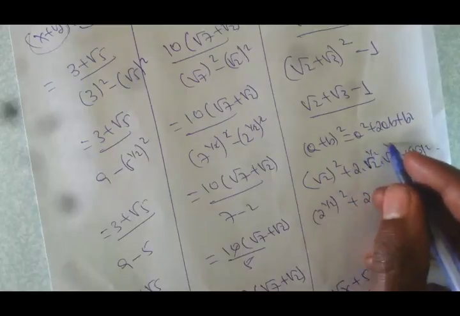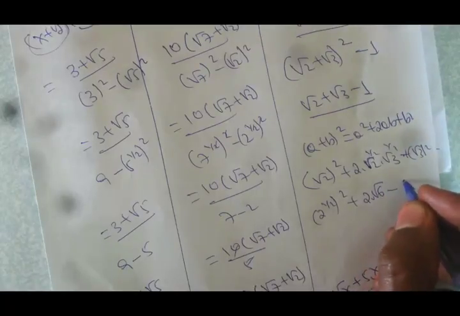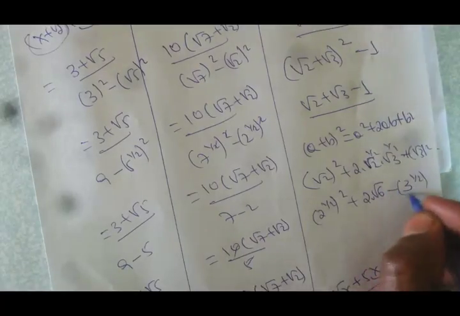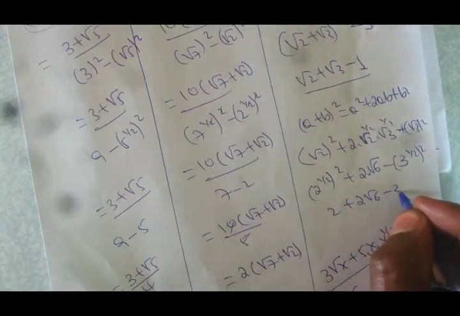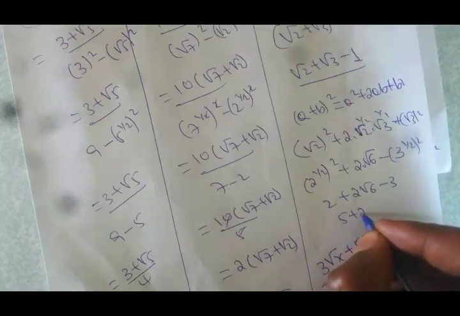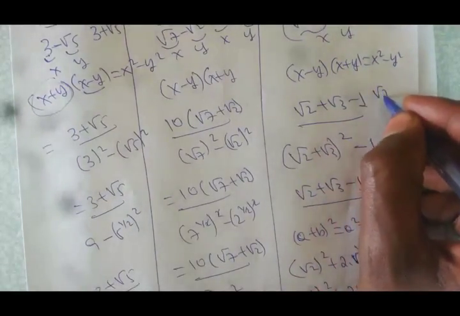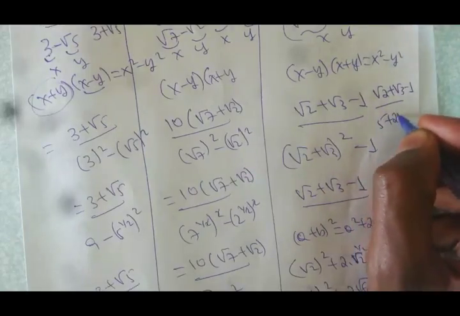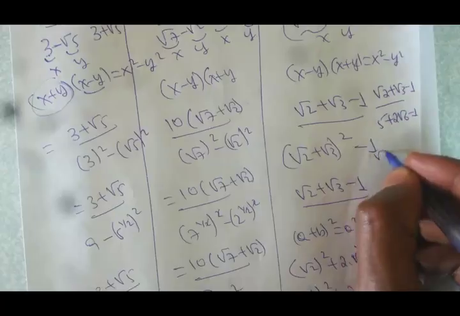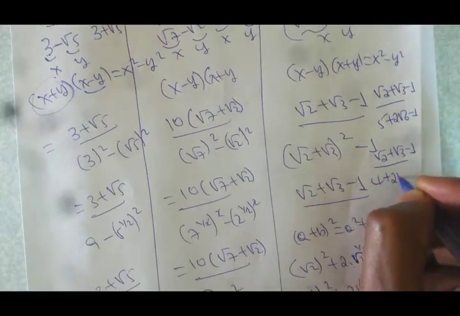This is equal to 2 plus 2 root 6 plus 3. Therefore, 5 plus 2 root 6 will be the denominator. Therefore, root 2 plus root 3 minus 1 over 5 plus 2 root 6 minus 1. Therefore, root 2 plus root 3 minus 1 over 4 plus 2 root 6.